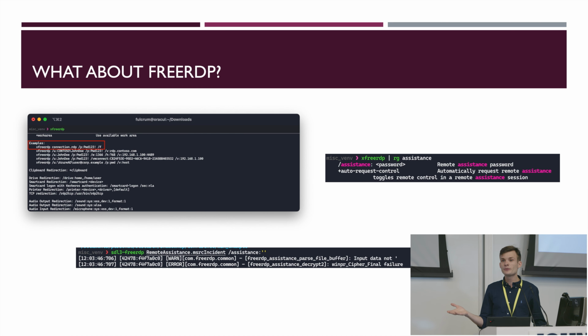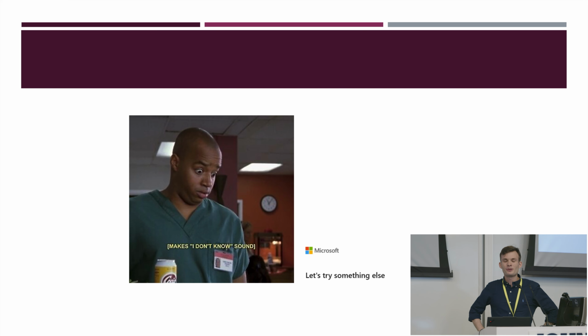And I just assumed that if it supports this type of file, it possibly also implemented the assistance files as well. I tried to search, and if there is a flag for an assistance password, that means the files are supported. I attempted to use my encrypted file, and well, it also did not work. Yeah, so at this point, what can you do?